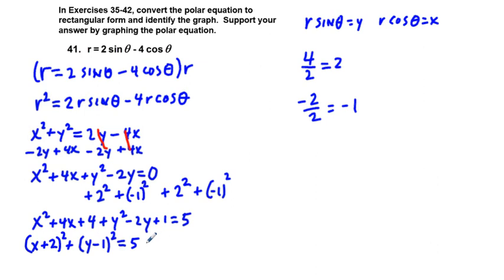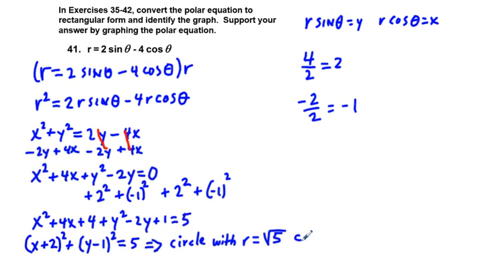So what this is, I'm going to go to the right here. This is going to be a circle with radius equals, well, r squared is 5, so our radius is going to be square root of 5. It's going to be 2 point something.